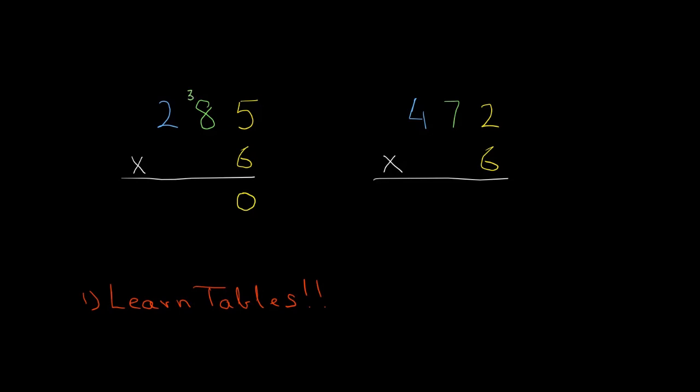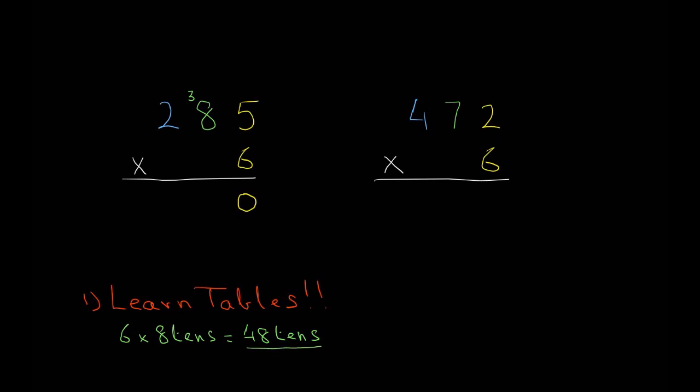Now, 6 multiplied by 8 tens is equal to 48 tens. Just like 6 times 8 apples is 48 apples, if I take 8 tens 6 times, I get 48 tens.